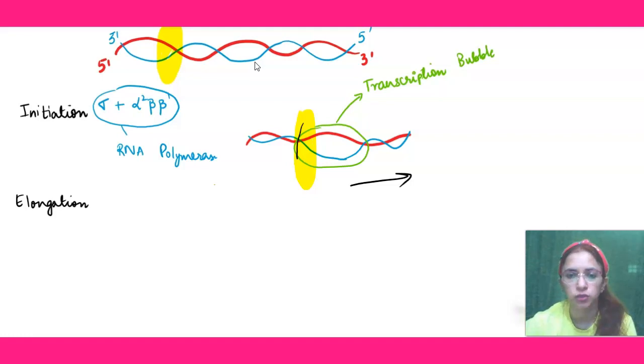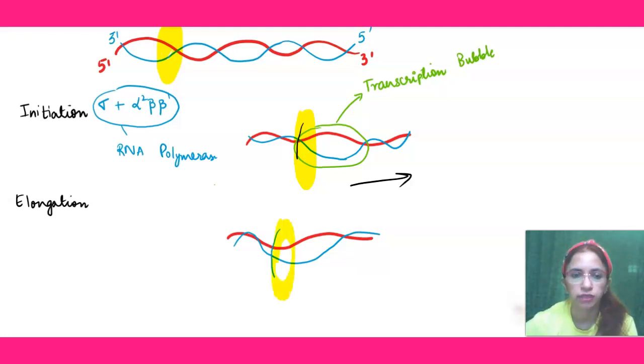It will take the nucleotides, and what will happen as it moves further? Let me make another diagram. So this is our supposed transcription bubble, and this is the region where RNA polymerase has reached, and it has the polarity to synthesize messenger RNA in the 5 to 3 prime direction.